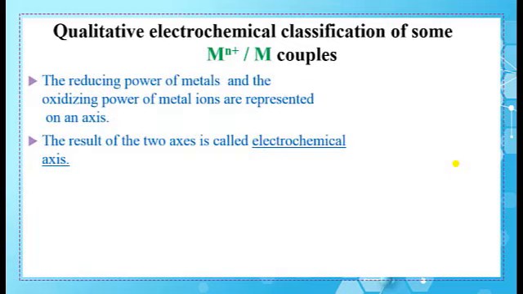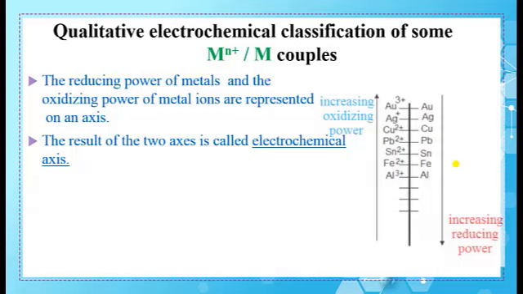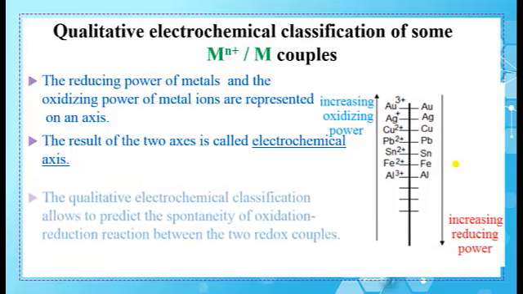The reducing power of metals and the oxidizing power of their ions are represented on an axis. The result of these two axes is called the electrochemical axis, which is shown here, and which shows both the increasing oxidizing power of ions and the increasing reducing power of metals.